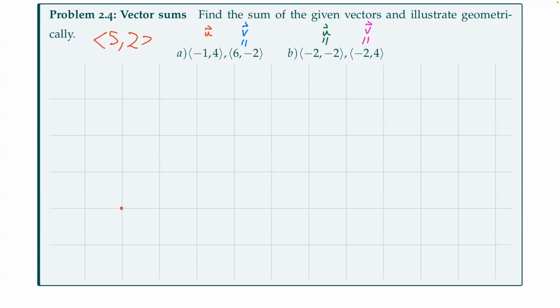So what does u look like? Well, I go left 1 unit and up 4 units. So u could look like this. Imagine that's actually a straight line. And then v, we're going right 6 units and then down 2. So 1, 2, 3, 4, 5, 6, and then down 2. So it should go to here. I'm going to do that in a different color.